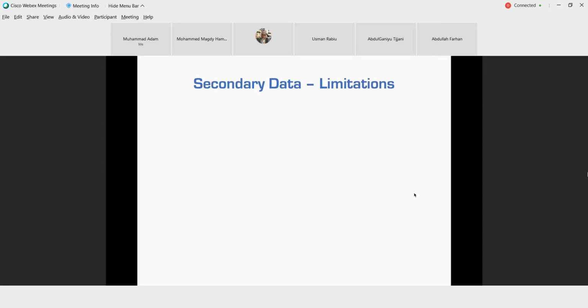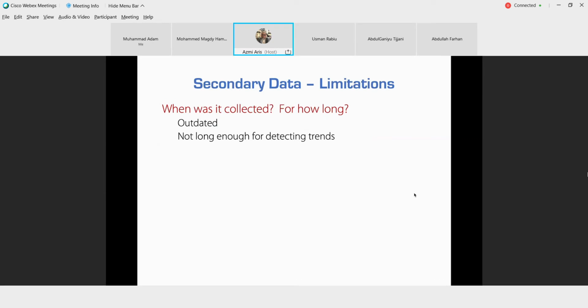Okay, what are the limitations of secondary data? One is that some data may not be as recent as what you want it to be. For example, you are doing a PhD in 2021, so you are hoping to get data up to 2020, but sometimes this data may not be available.